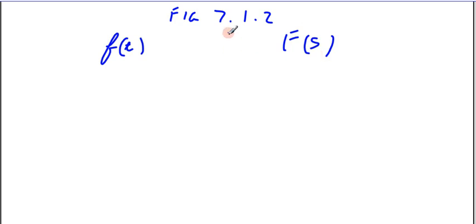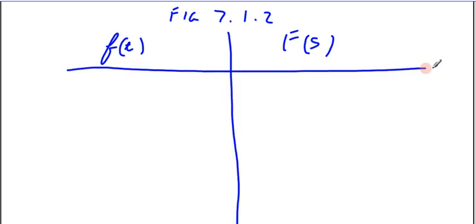When we look at figure 7.1-1, and I don't have written down what page that's on, so you have to go looking for it, we have a bunch of Laplace transforms already. So we have f of t's turning into F of s's that we can use.